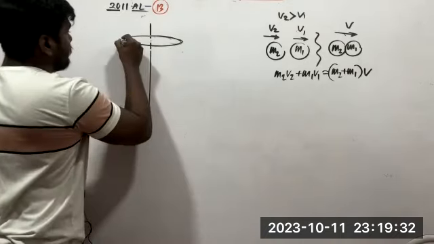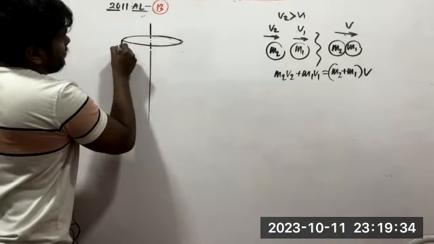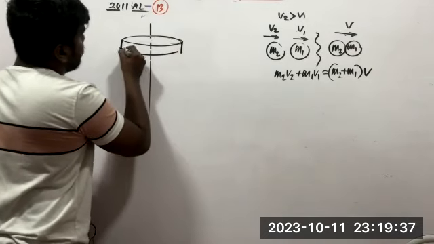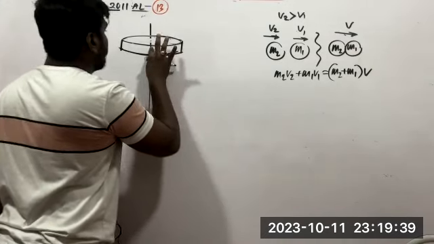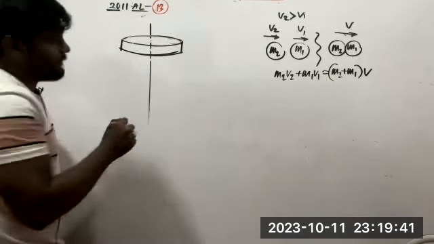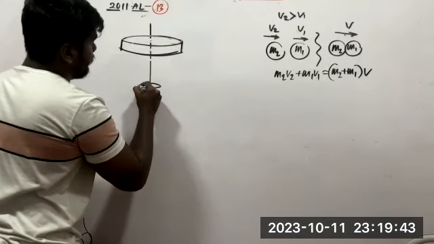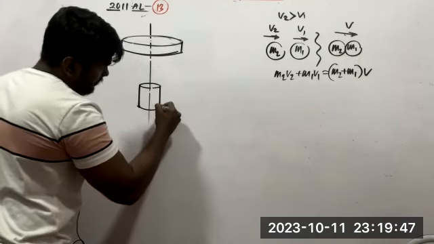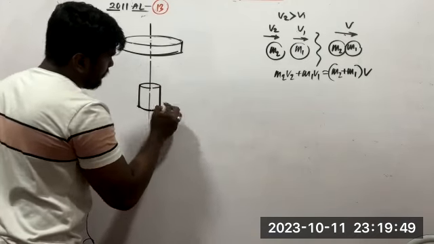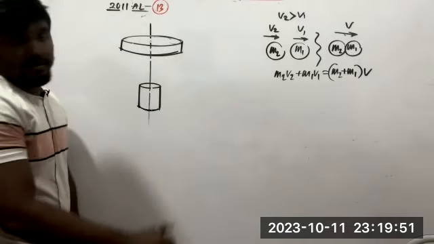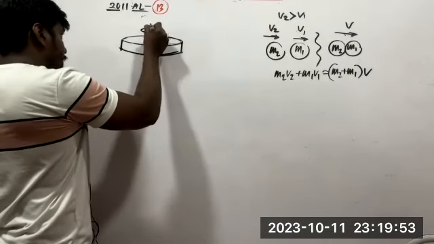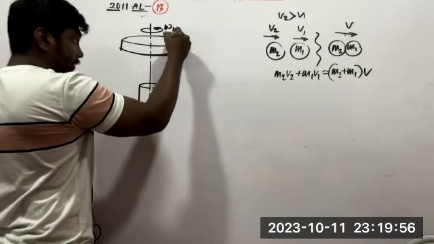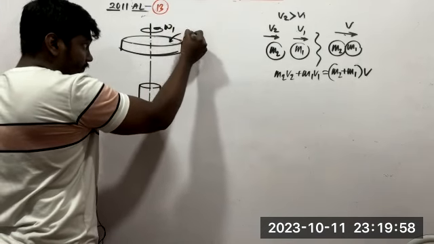Two disks. Angular velocity omega 1. Moment of inertia of this disk is I1.